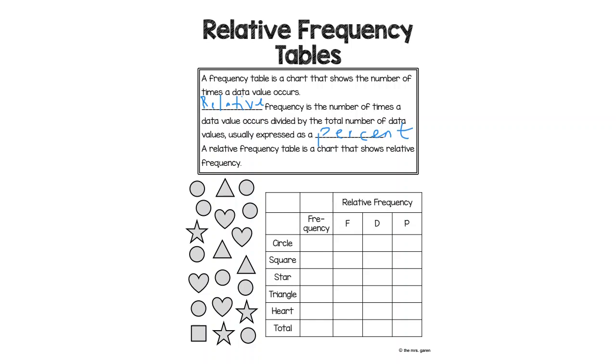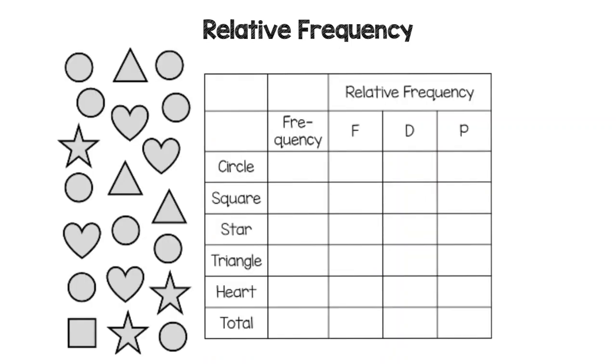So we're going to look at this one at the bottom down here. The first thing we want to do is figure out the frequency of each of these things occurring. You'll notice there's a bunch of shapes on the left, and we want to figure out the frequency of each of those shapes occurring.